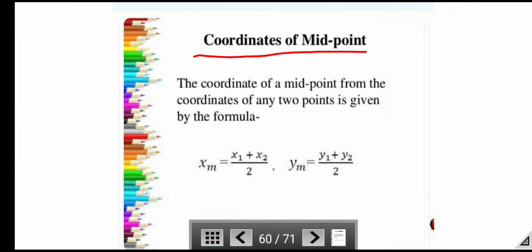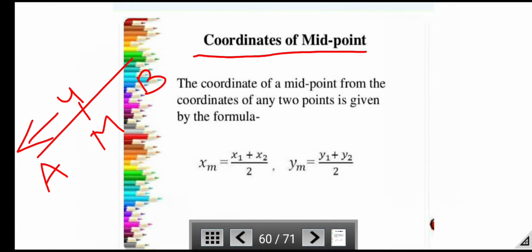Coordinates of the midpoint. If AB is a line segment, then M is the midpoint. If we divide AB into equal parts, that is if the length of AB is 4 cm, then AM is 2 and MB is also 2, then M is called the midpoint of AB.